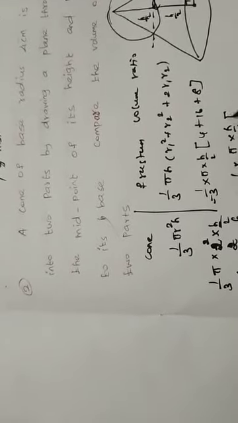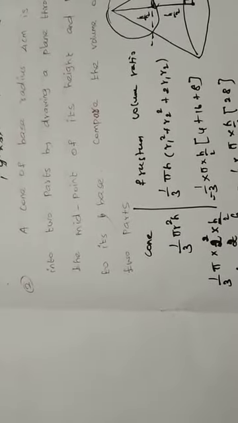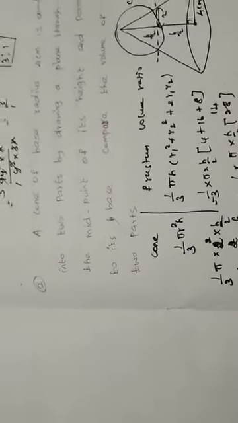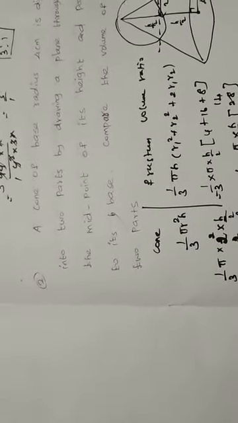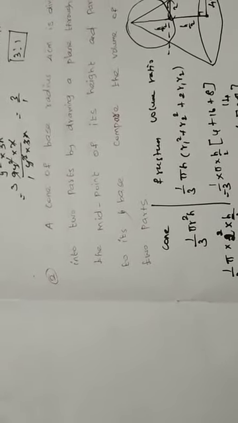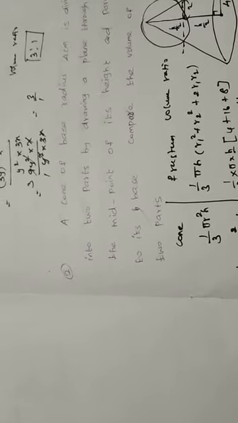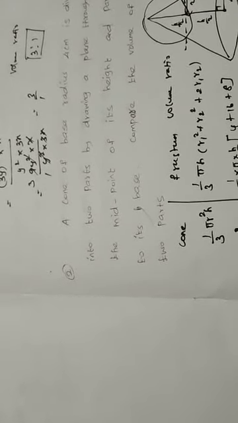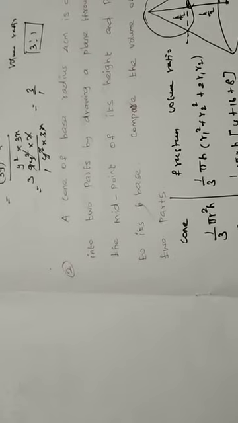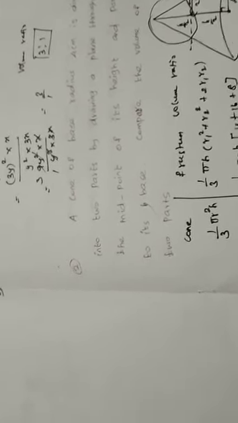So 1/3 into pi into h by 2 into 28. After this cancellation, 14. So finally after this we can get 14 pi h divided by 3.